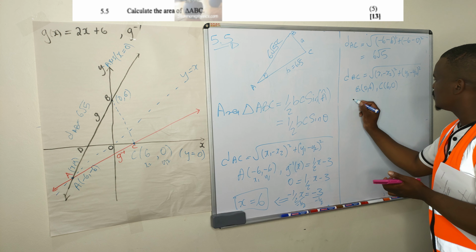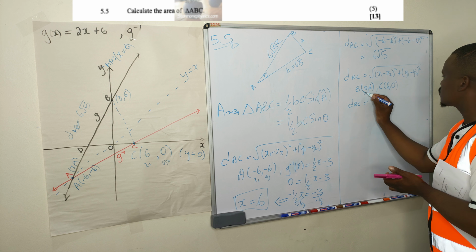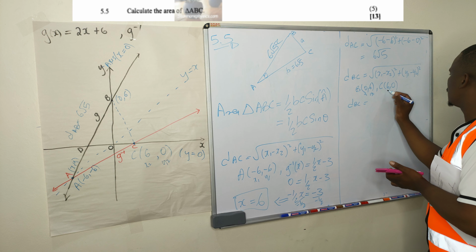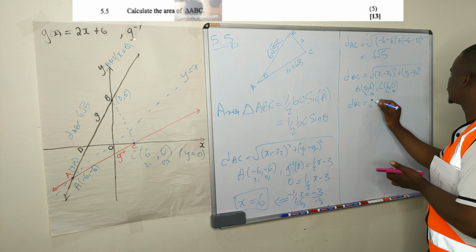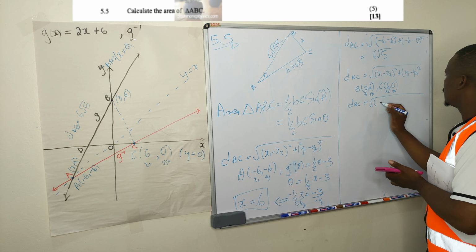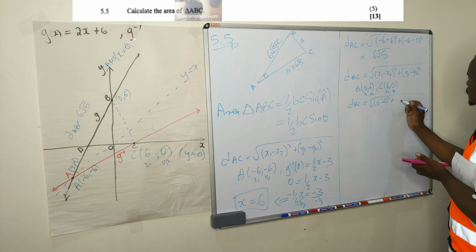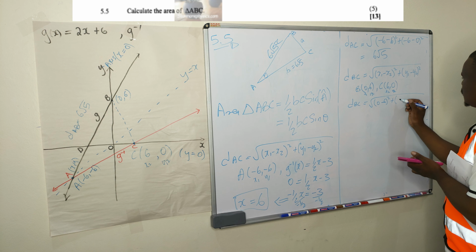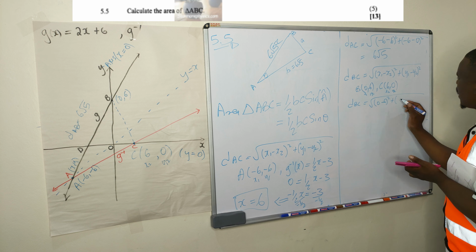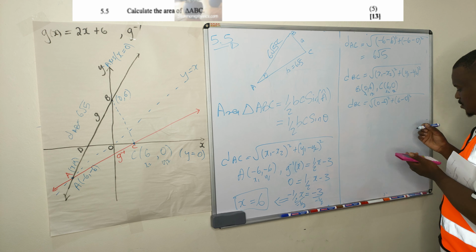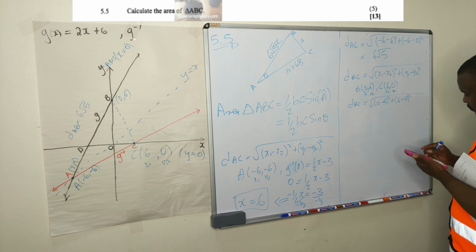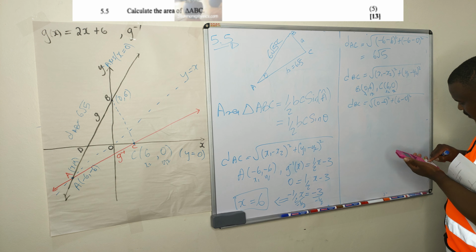So the distance BC is 0 minus 6 all squared plus 6 minus 0 all squared.